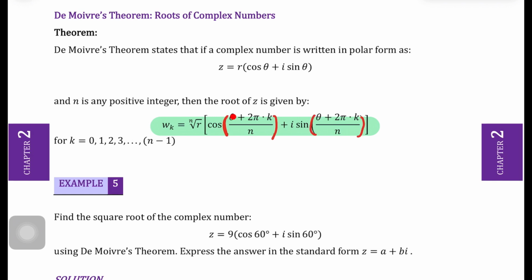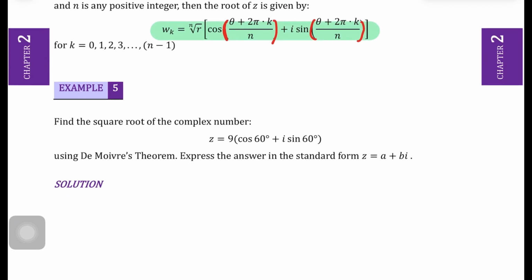Your theta will be divided with n, and we just plus with 2 pi k for both of the angle. Why? Because we want to follow cycle, so we just add plus 2 pi k for the periodic property. Your k will take the value of 0, 1, 2, 3 and so on, and we will stop at the value of n minus 1.